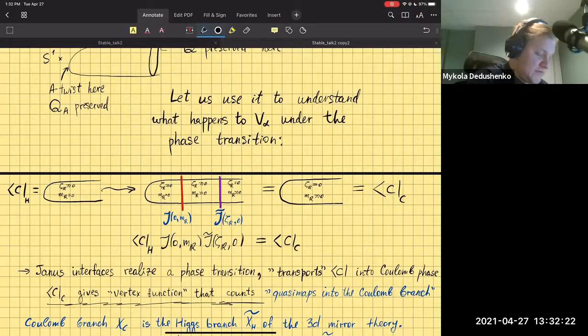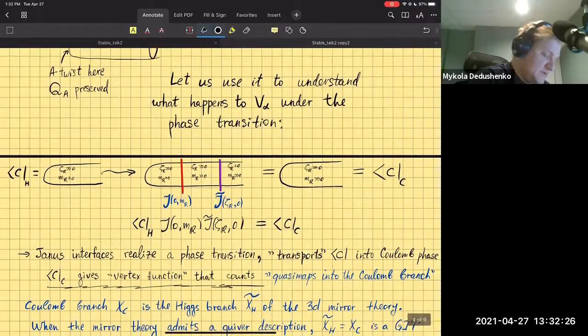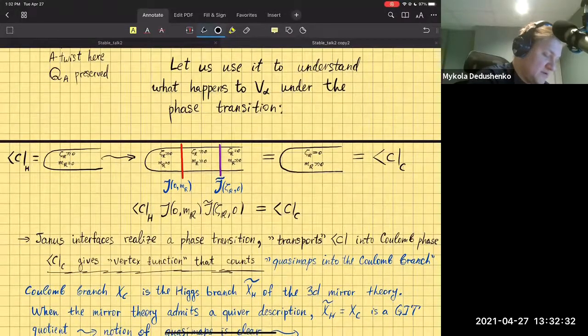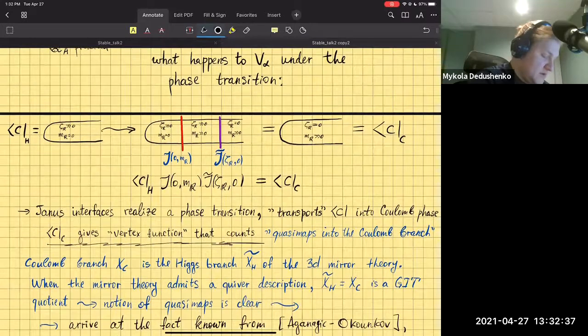So this Janus realizes also a phase transition, or transforms your vertex function and gives you a vertex function for the Coulomb branch, which counts quasi-maps into the Coulomb branch, whatever that means.